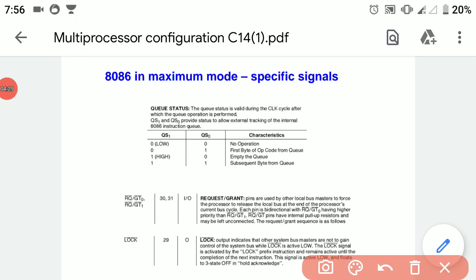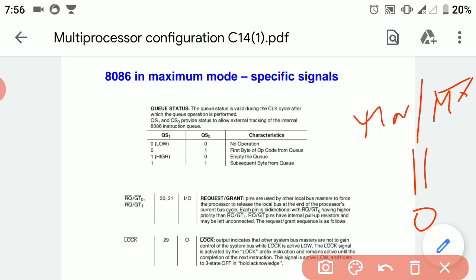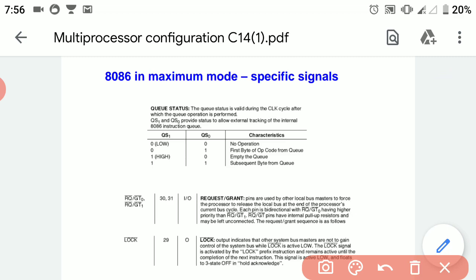Now we have some specific signals in the maximum mode. Whenever the processor is in maximum mode, that is whenever the min/max pin is at digital 0 state, that is max mode, we have to study some specific signals, what they indicate.